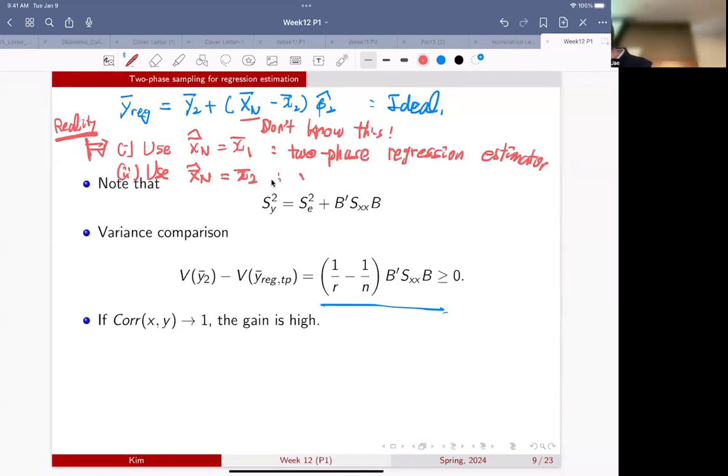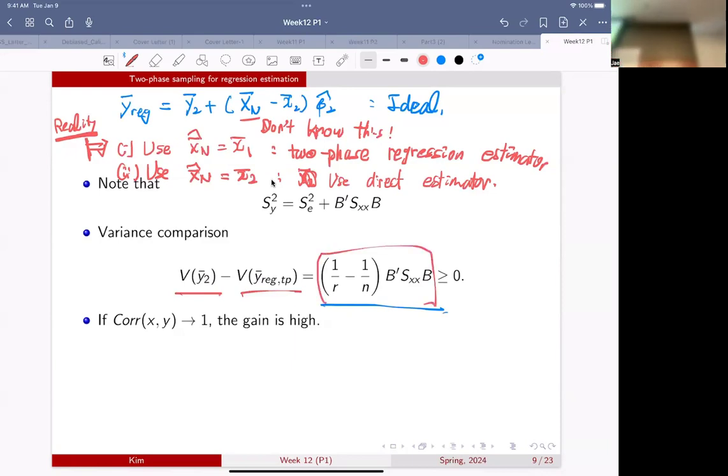That means you just use y bar 2. Simple estimator, do nothing. So use the direct estimator. Then the gain is this amount.